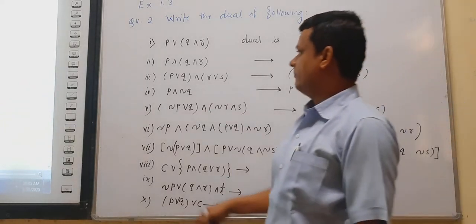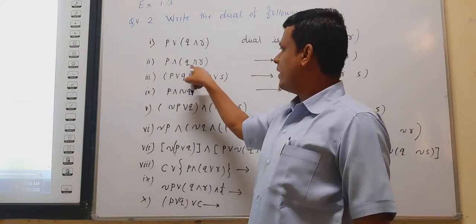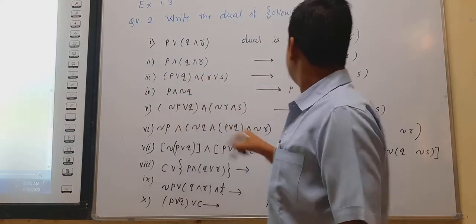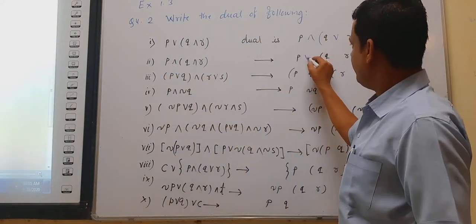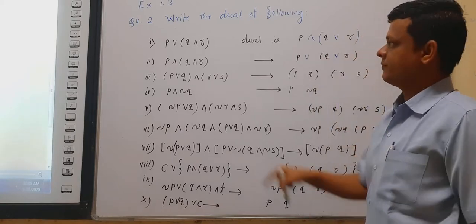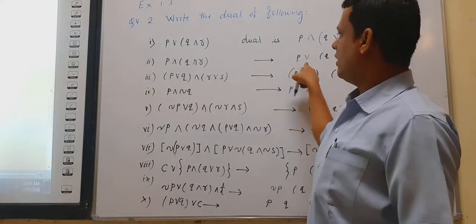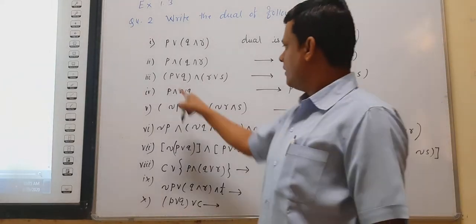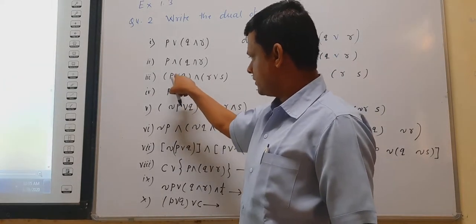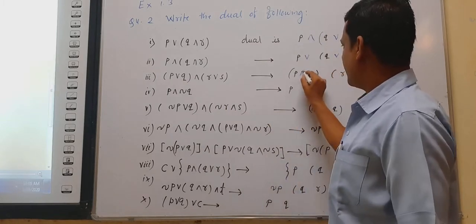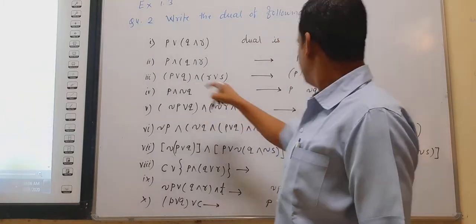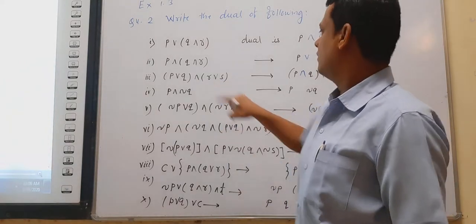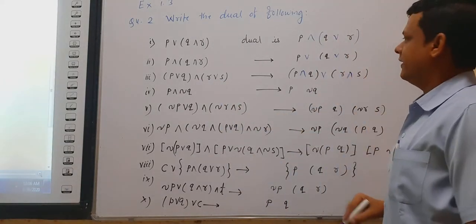See the second example, P and Q and R. Both are conjunctions, so we replace them by disjunctions. And by or, and by or. For example, P or Q, these all are replaced by and, and this or we replace by and.